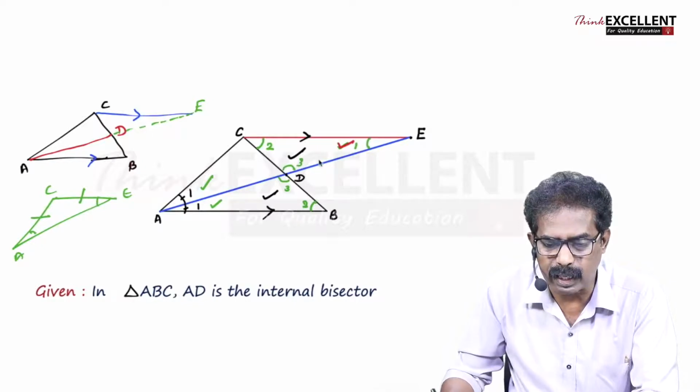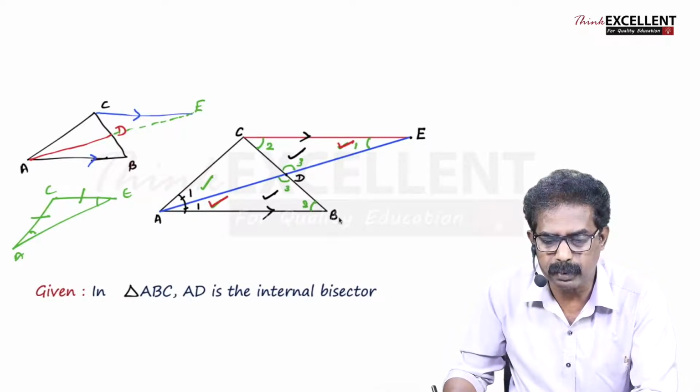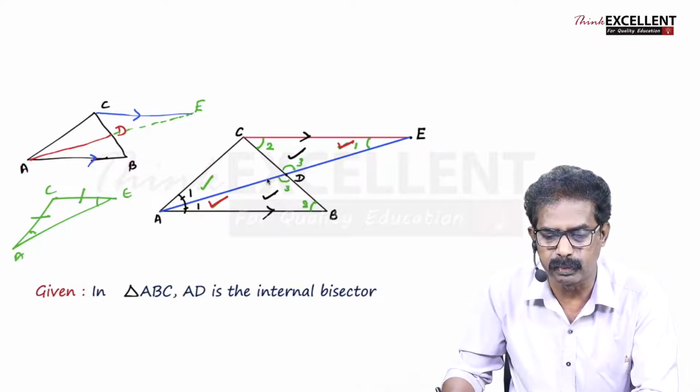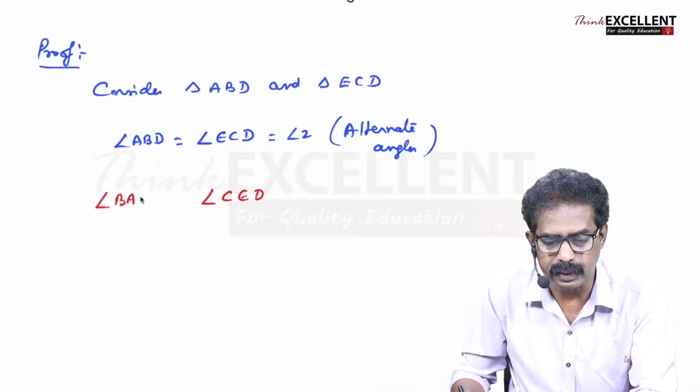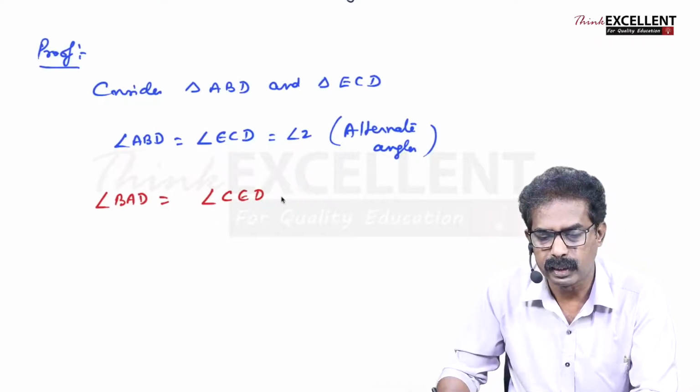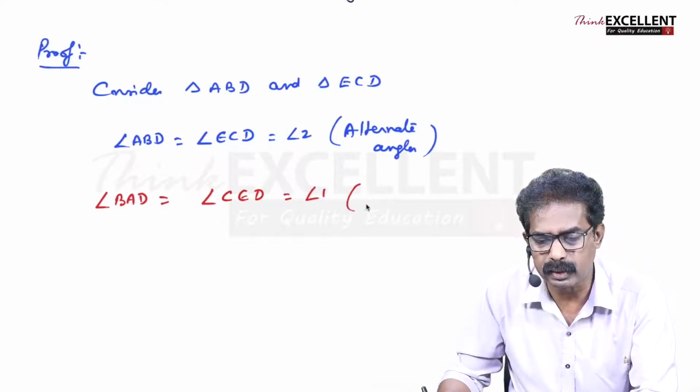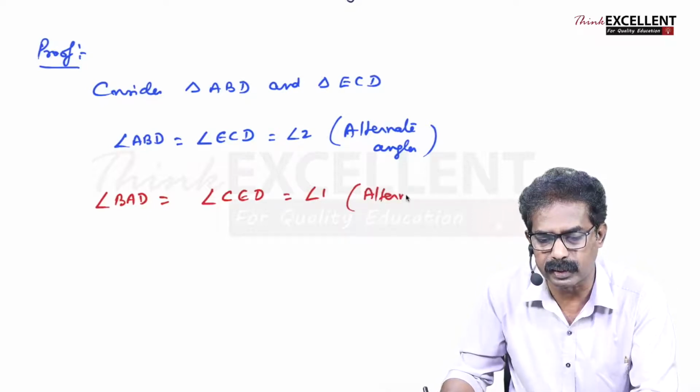This angle and this angle. So what's the name of that? BAD. Angle BAD is equal to angle CED, and both angles are 1. The reason is the same, alternate angles.